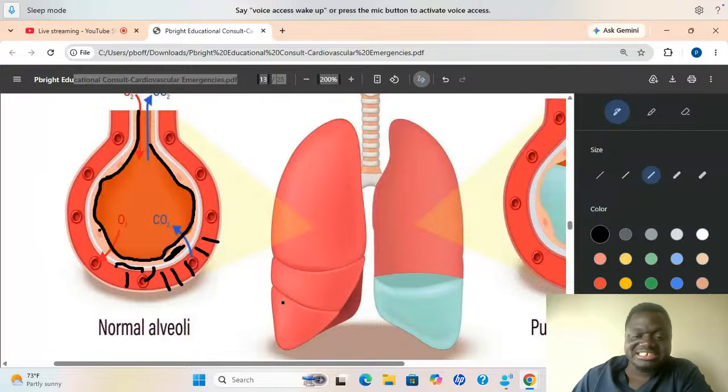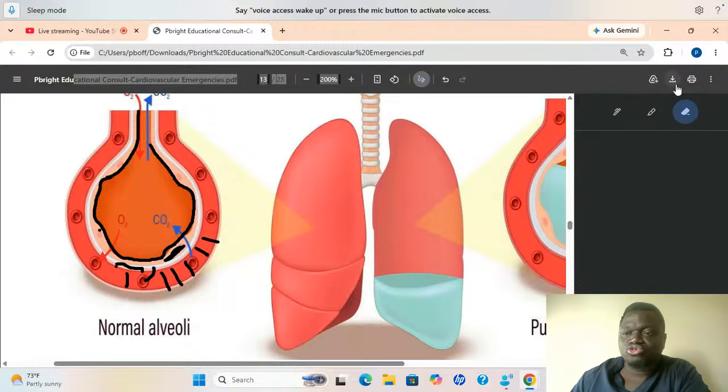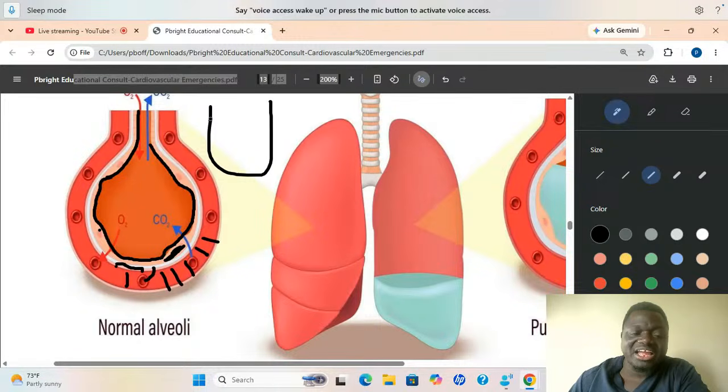Pulmonary edema. When you do a chest X-ray, you will see fluid with a meniscus. Those of you who did physics, if I pour water in a cup, it does not stay straight.